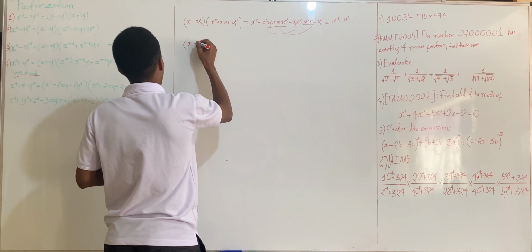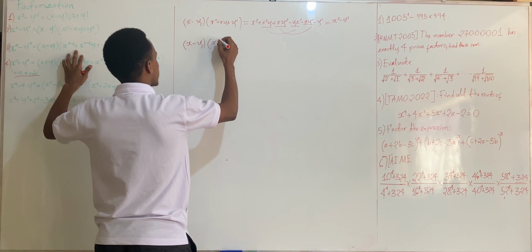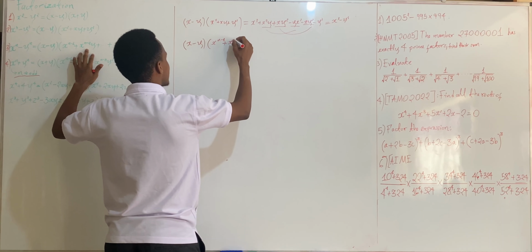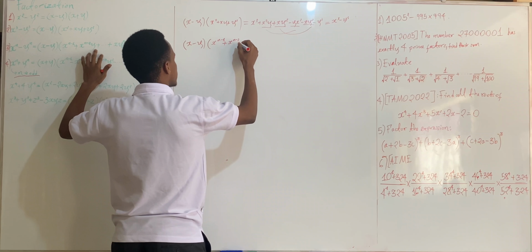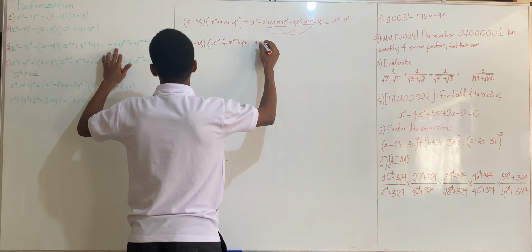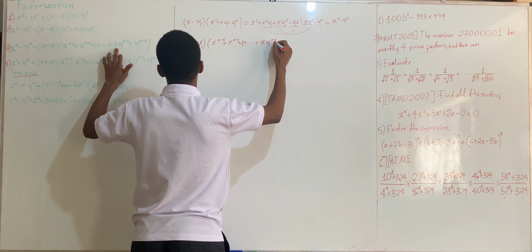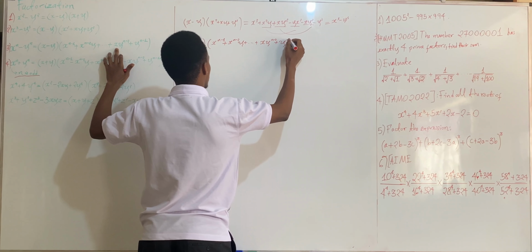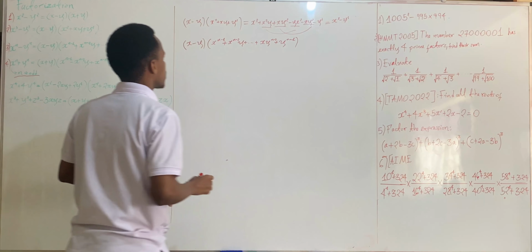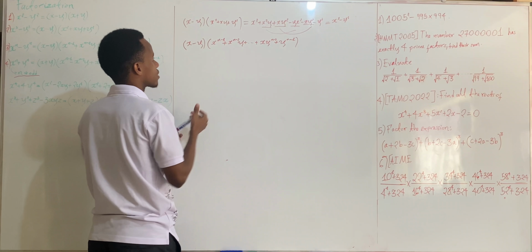On the right hand side, we have x minus y times x to the n minus 1 plus x to the n minus 2 times y, on and on until we get x y to the n minus 2 plus y to the n minus 1. When we try to expand this product, we expand it with x first.